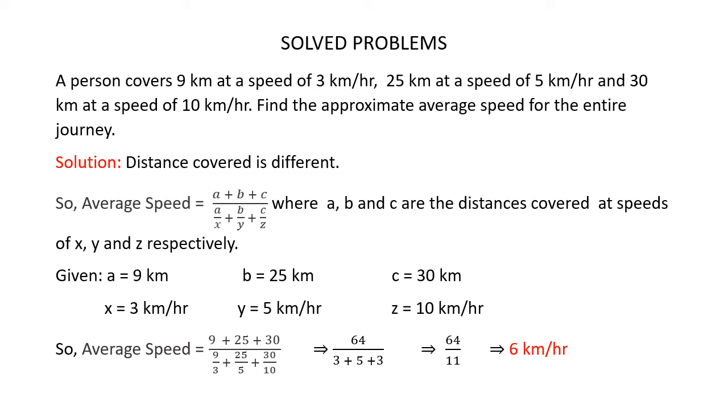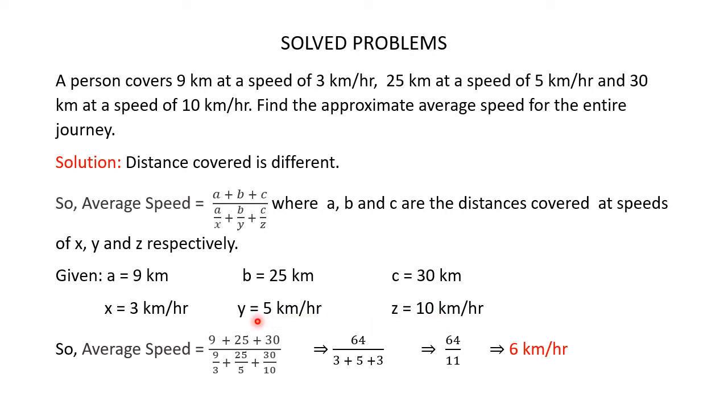So now in this problem it's given that a is equal to 9 kilometers, b is equal to 25 kilometers and c is equal to 30 kilometers, and x is equal to 3 kilometers per hour, y is equal to 5 kilometers per hour and z is equal to 10 kilometers per hour.